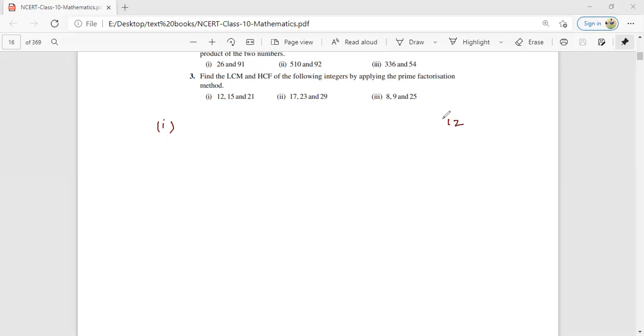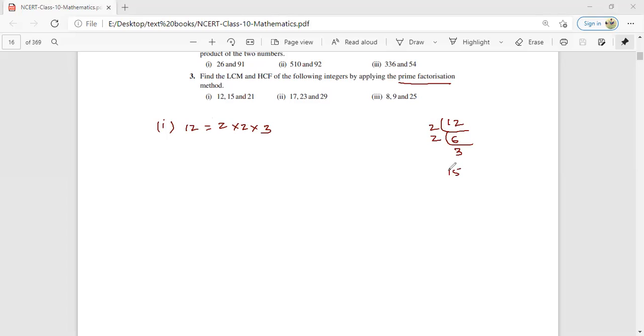So you can find the factors of 12. Prime factors of 12 are 2 into 2 into 3. The method is prime factorization, so that's why we are doing the prime factors.